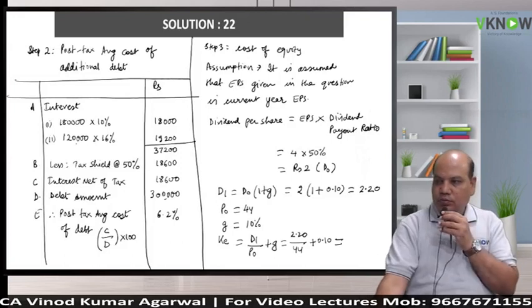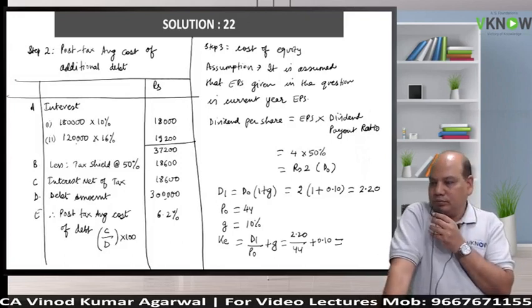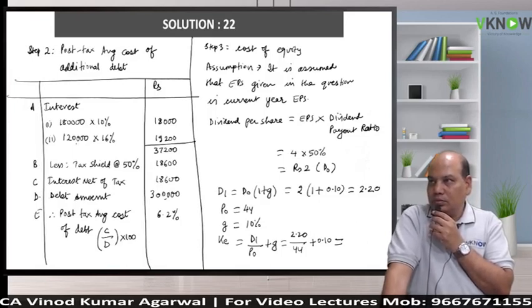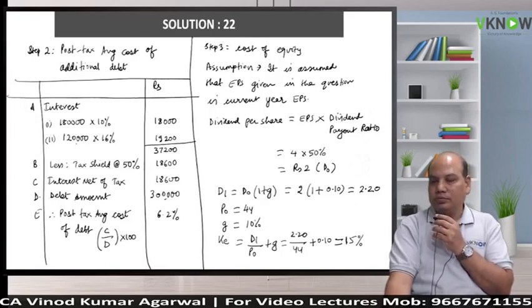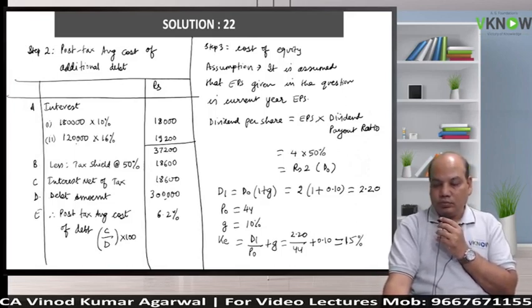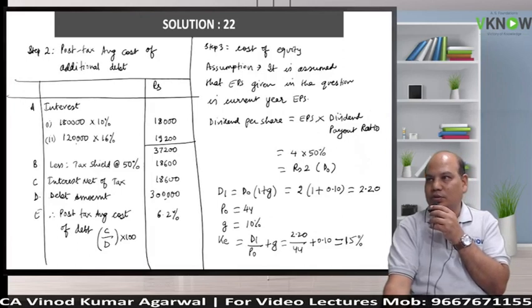The final answer is 15%. This is cost of equity. Any query? Cost of equity is 15%. Presentation should be such that the institute should understand.